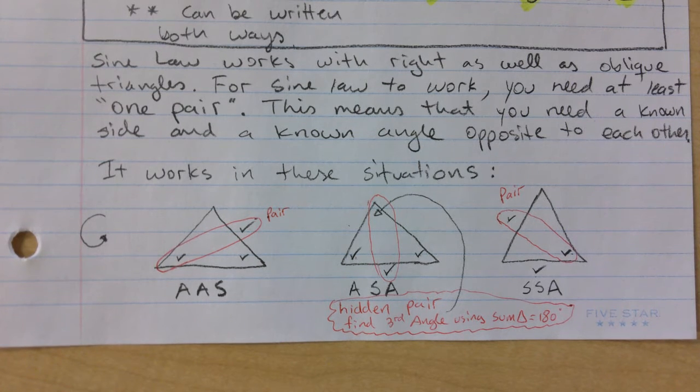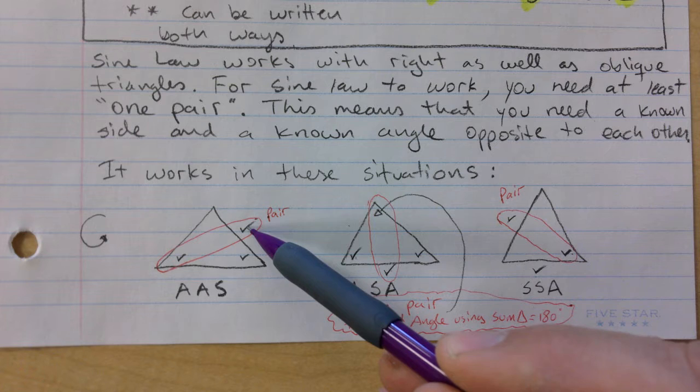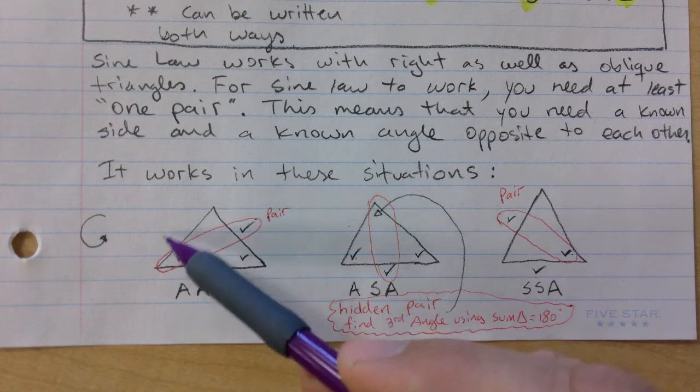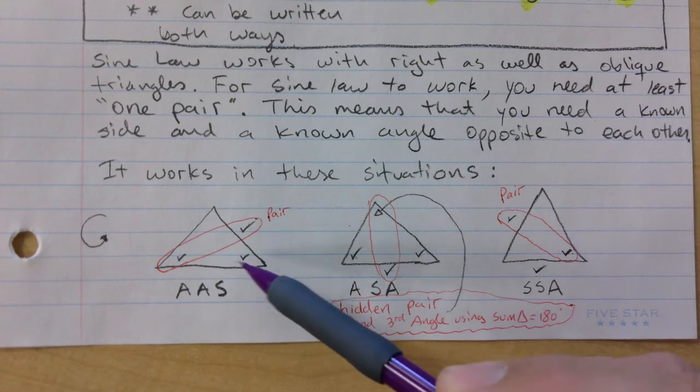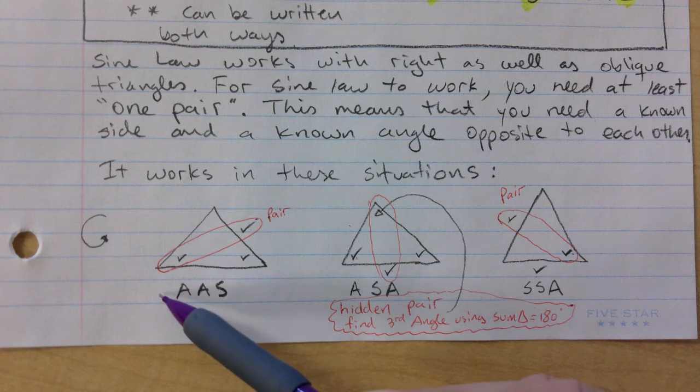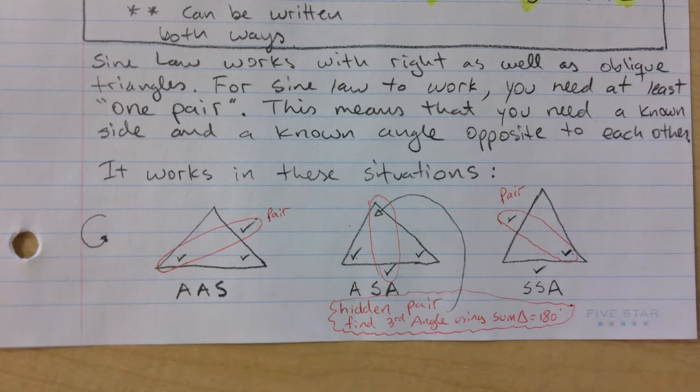By the way, if you started here and you went around, you would call it side, angle. This S would be here. Not a big deal. The fact still remains that there are two angles that are consecutive.